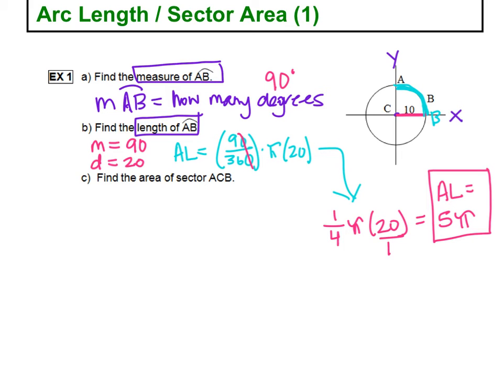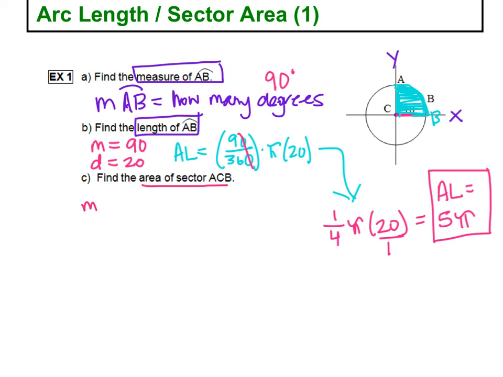All right, now find the area of sector ACB. So that is going to be the area of the sector. We want to know what the area of this whole thing is. So we need the same information.